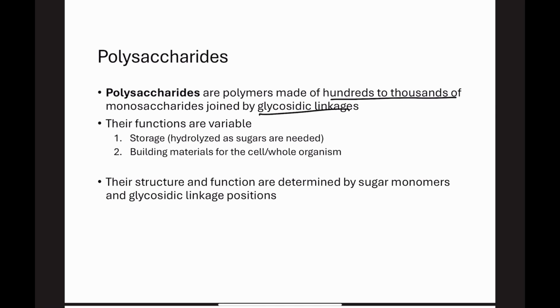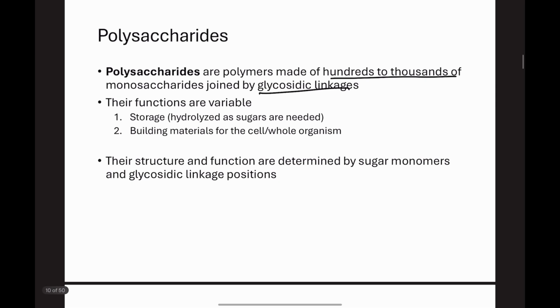They play an important role in storage and structure within living organisms. Essentially, our polysaccharides are long chains of monosaccharides linked together by glycosidic bonds, and they have 2 primary functions, although they have a variety of other functions.